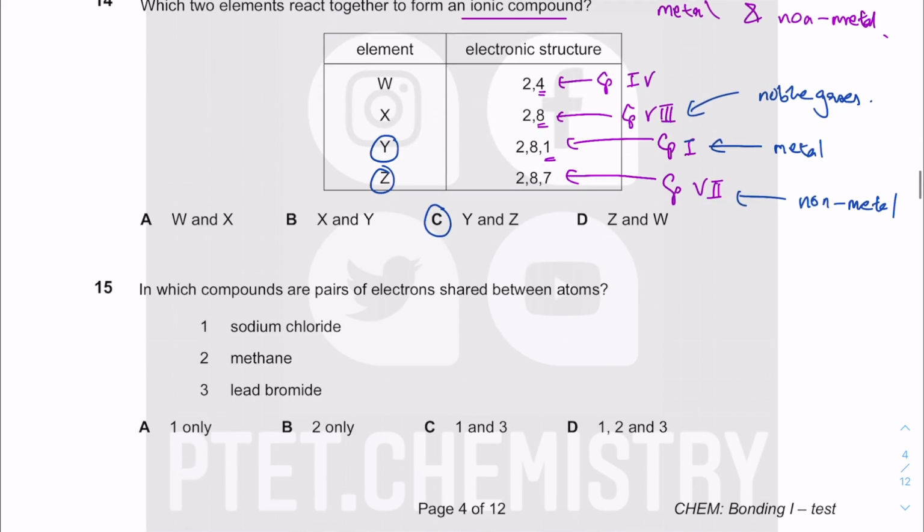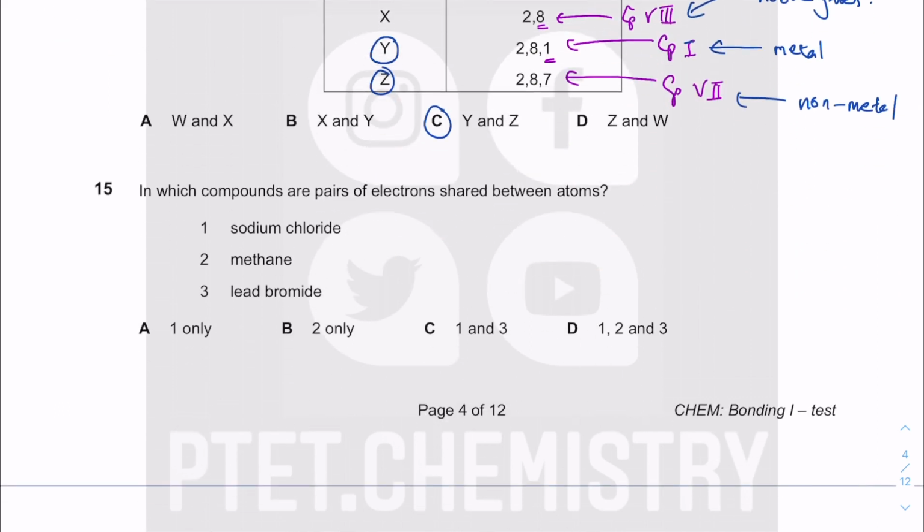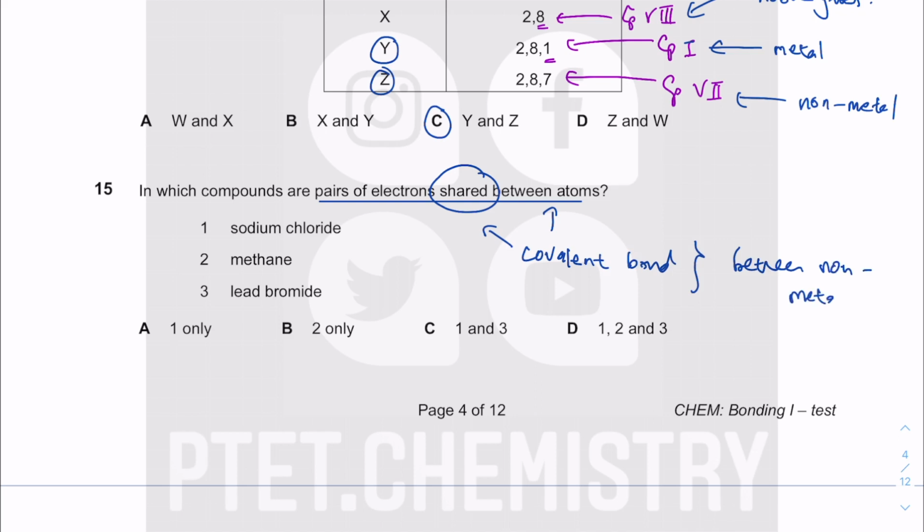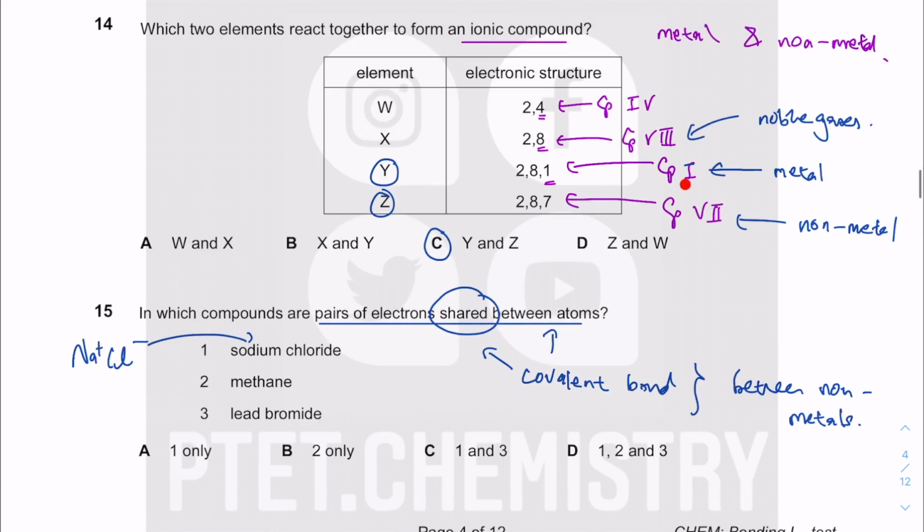Okay. Question 15, we are looking for pairs of electrons shared between atoms. So we are looking at covalent, share. Okay, so we're looking at covalent bond formation. Covalent bond is between non-metal and non-metal atoms, so between non-metals. When you have sodium chloride, I hope at this stage you can see that metal sodium, non-metal chlorine, just like this, group 1 sodium, group 7 chlorine.